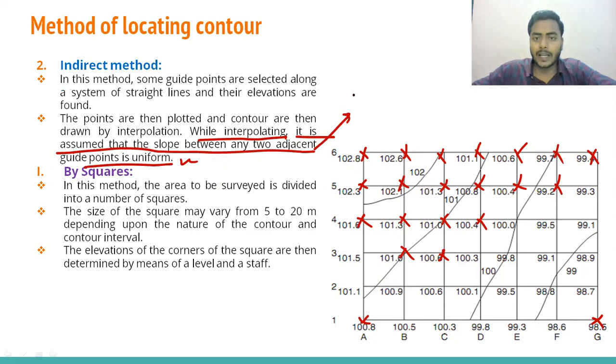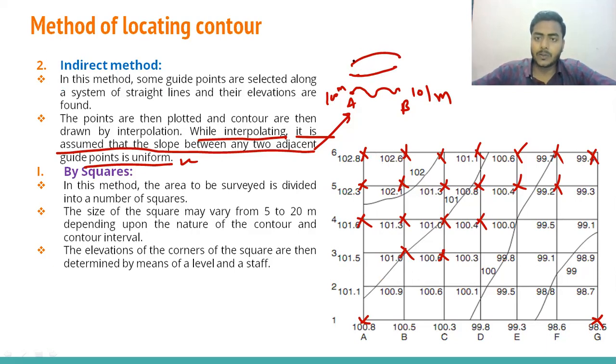It means, okay, this point A has an elevation of, for example, 100 meter, and B is 100 meter. Between A and B the ground can be like this, concave, then convex, like this.